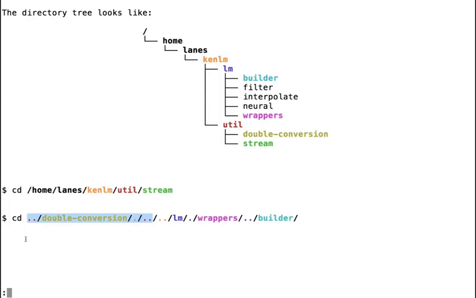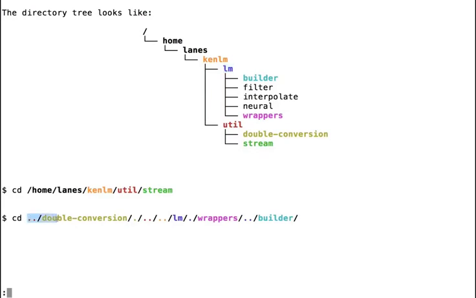The parent of util is kenlm. So, ../double conversion/./../.. refers to /home/lanes/kenlm, which we see colored orange in the tree. lm, which you see in blue, is a subdirectory of kenlm.